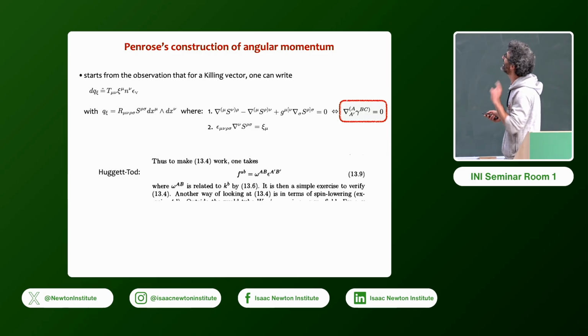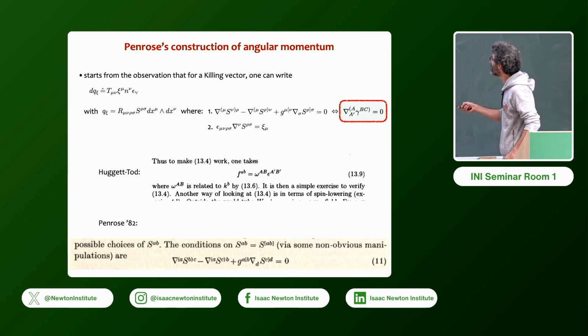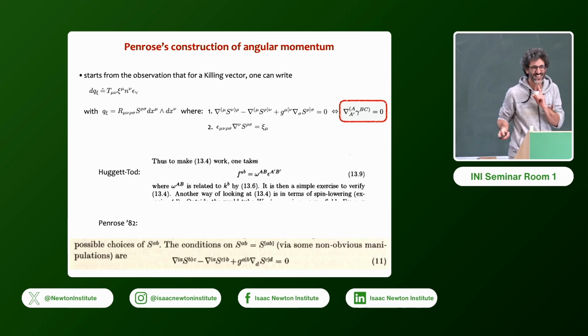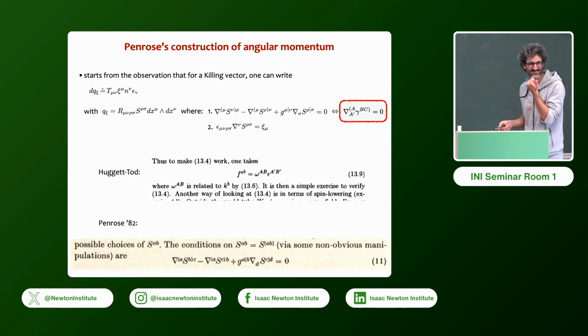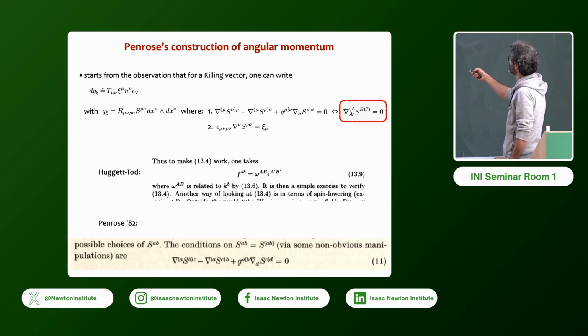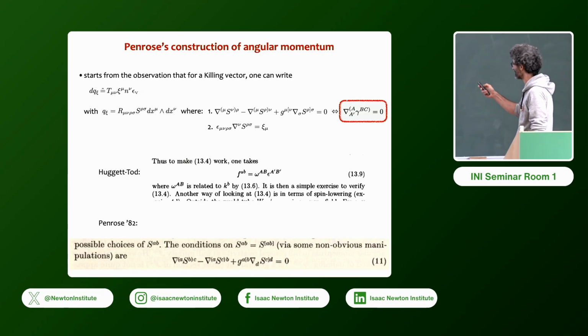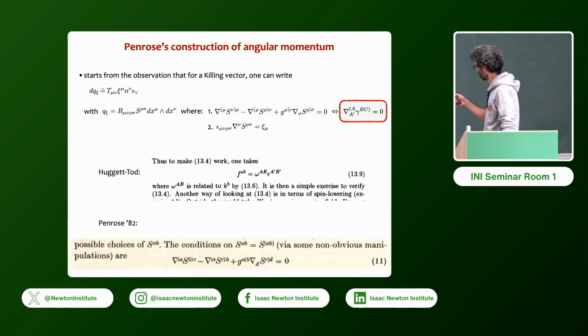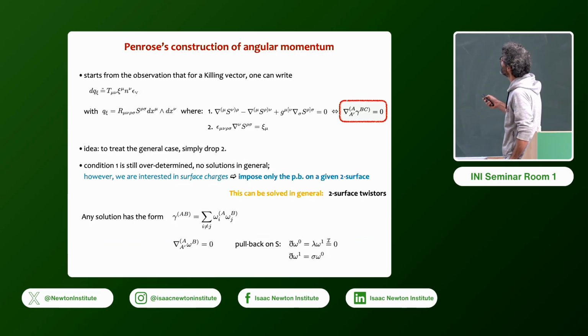Even more interestingly, if you look at Penrose's original '82 paper, he says, via some non-obvious manipulations. So I think next week I'm going to get around with those two and try to understand what these simple manipulations are. Anyway, this equation has an interpretation in terms of symmetric two-spinors, and you can prove that this defines a twistor, a two-twistor.